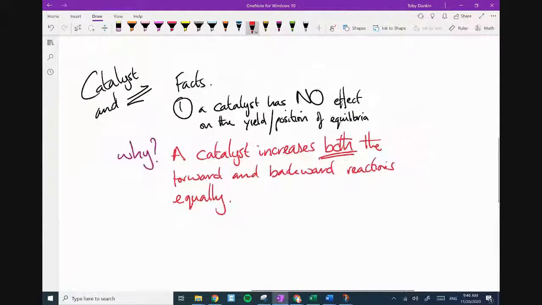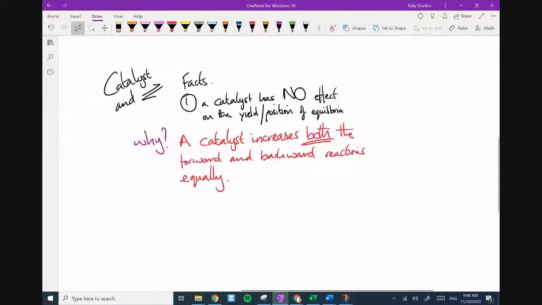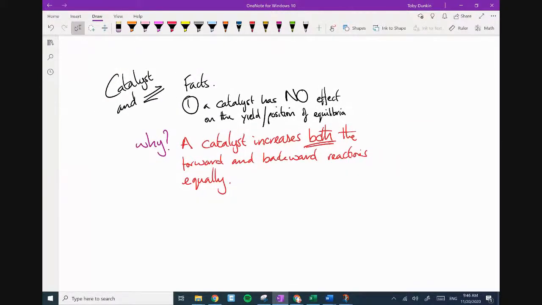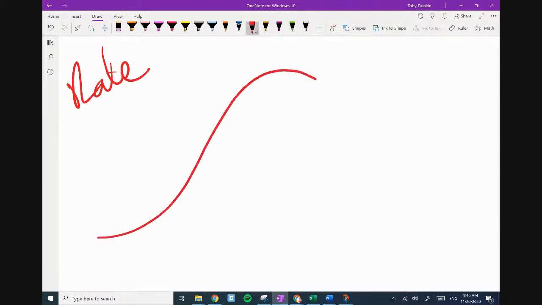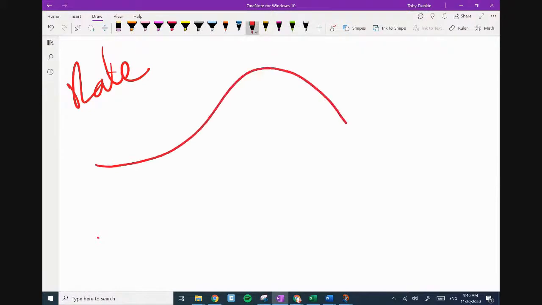So just to try and explain why that happens, when we were doing rates, don't write this down, one of the things I talked about was this idea, we could do it like this, an exothermic reaction. And we're going to put Tong on the mountain.